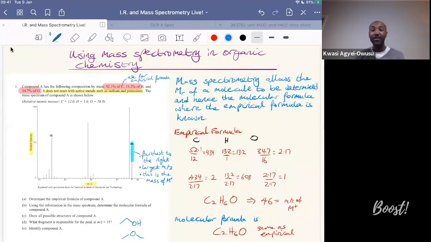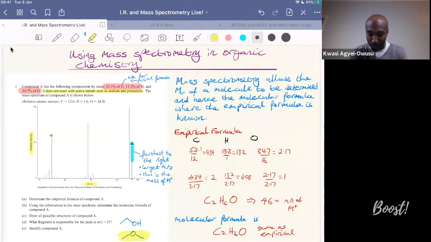Now, given that we've been told that the molecule does not react with sodium or potassium, we can rule out ethanol, because ethanol would react with sodium or potassium in the same way as water does, to give you sodium ethoxide in this case, or potassium ethoxide. So the correct structure should be the ether. That looks like it should be the right structure.